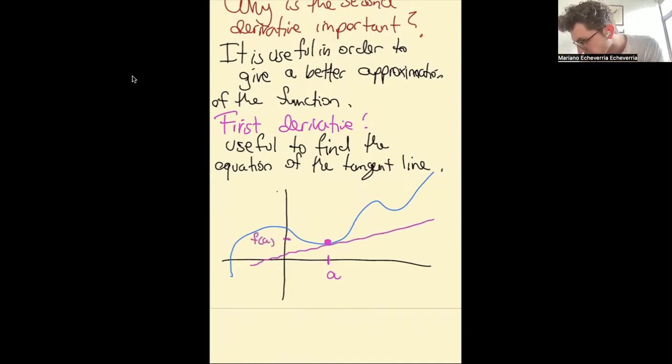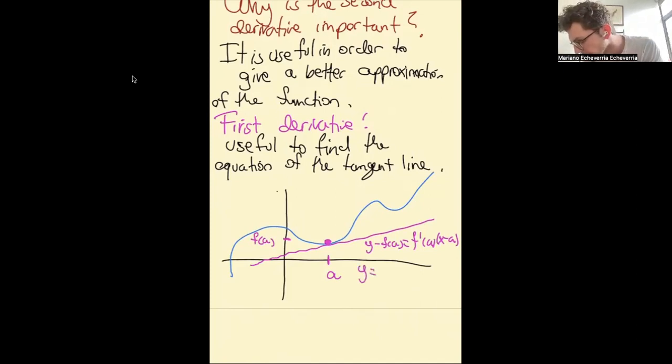It was y minus f of A equals the slope. What is the slope? f prime of A times x minus A. Is that making sense?